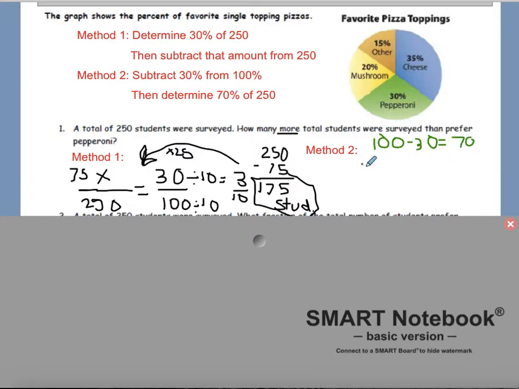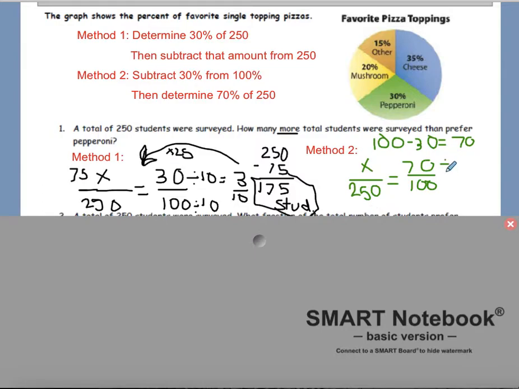And then from there, we can set up our proportion. So our part over 250 equals 70 over 100. And again, we could multiply by a decimal and have our scale factor be 2.5.